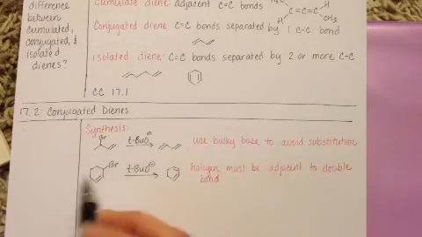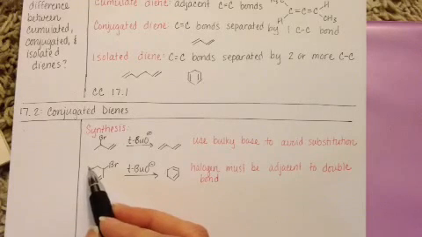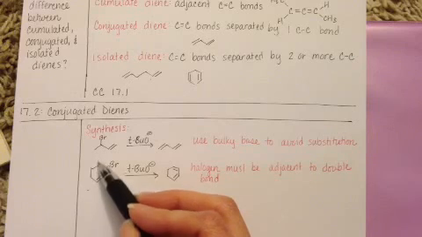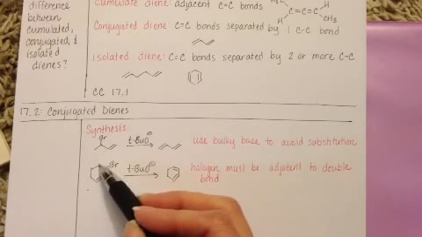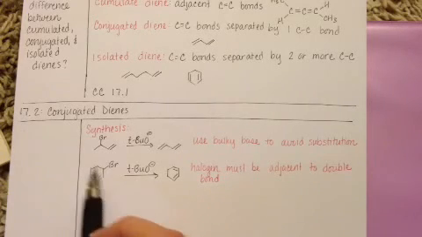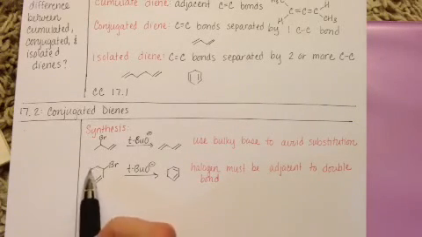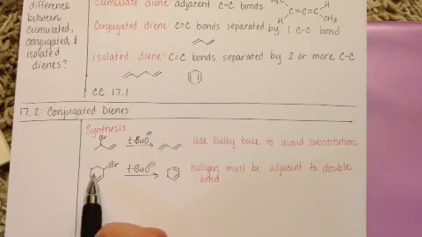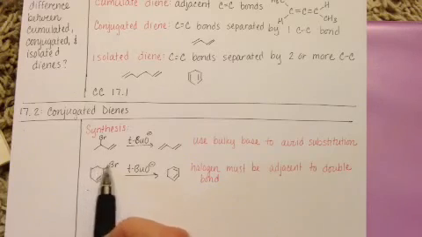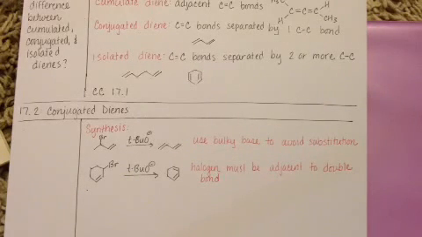If the halogen was right here, this is just a bad example. It looks like there's no way to make a non-conjugated diene with this particular molecule. But if the halogen was in a different molecule in a different spot, you could end up placing the double bond more than one single bond away, which would give you an isolated diene.